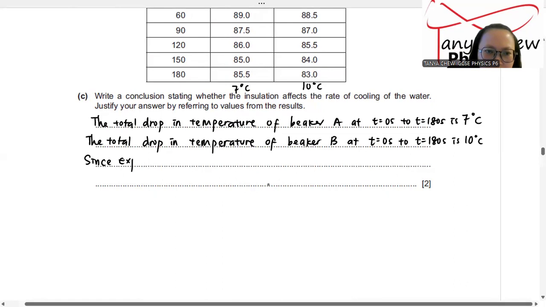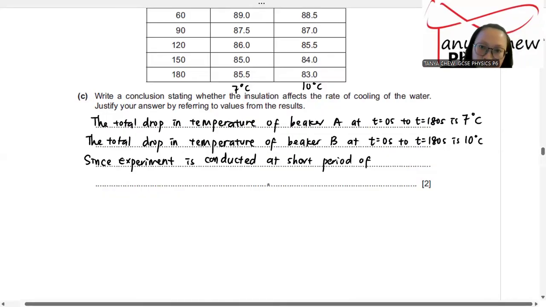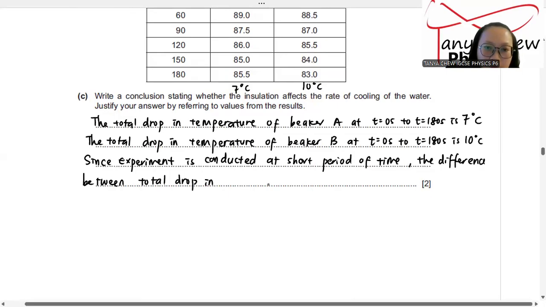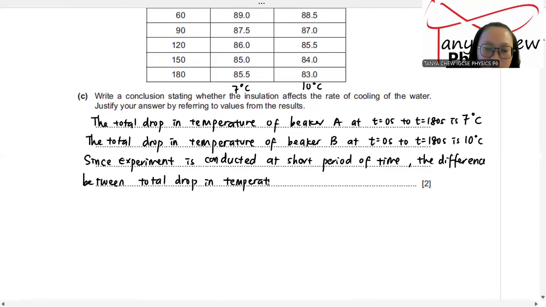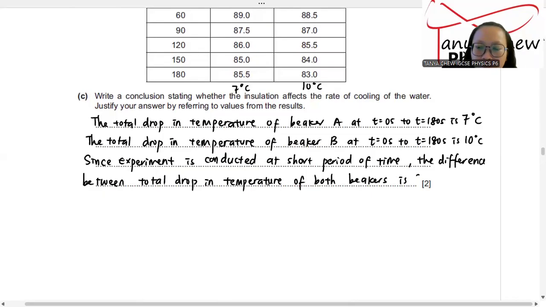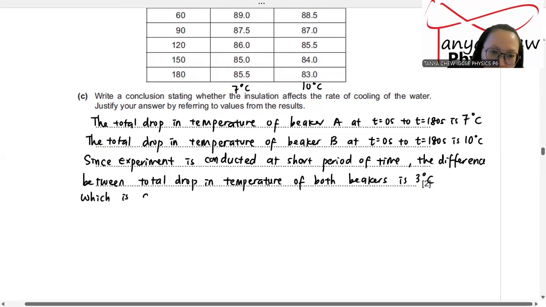since the experiment is conducted at a short period of time, the difference between the total drop in temperature of both beakers is 3 degrees Celsius, which is quite significant or quite large.